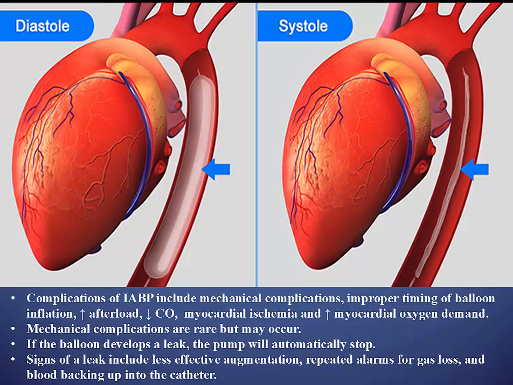Mechanical complications are rare, but they do occur. If the balloon develops a leak, the pump will automatically stop. Signs of a leak include less effective augmentation, repeating alarms for gas loss, and blood backing up into the catheter.